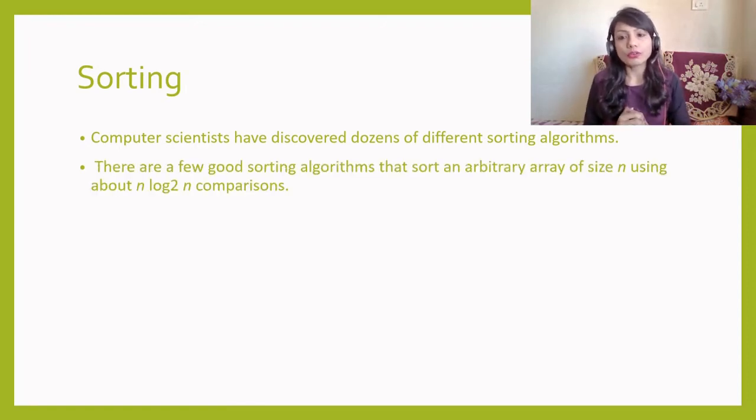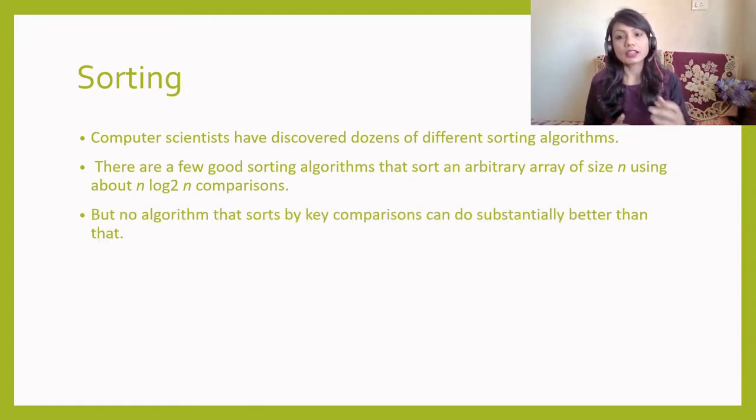There are a few good sorting algorithms that sort an arbitrary array of size n using about n log n comparisons. That is, there will be some algorithms which sort with very good efficiency, and those that sort by key comparison are better than the others.